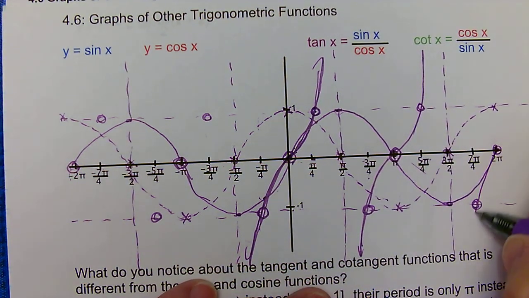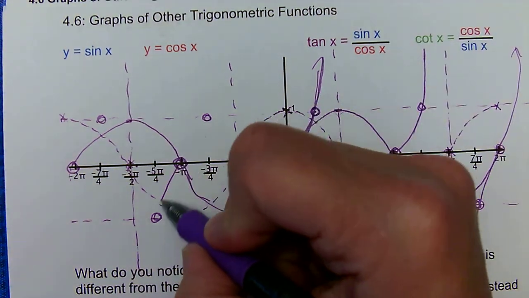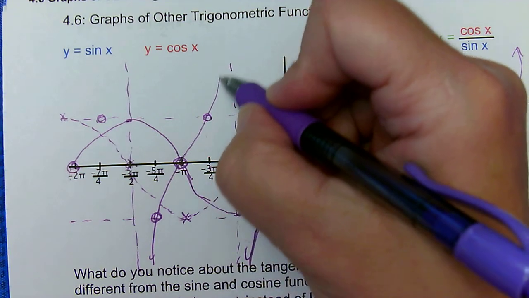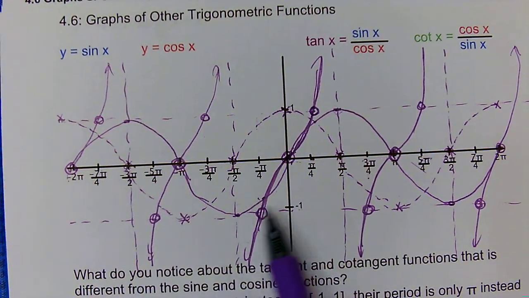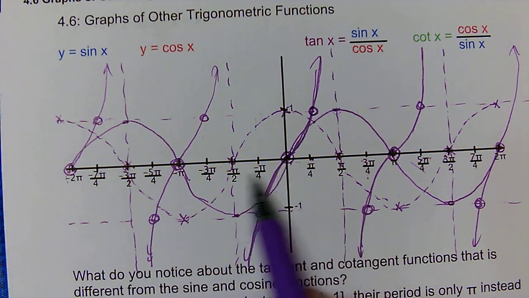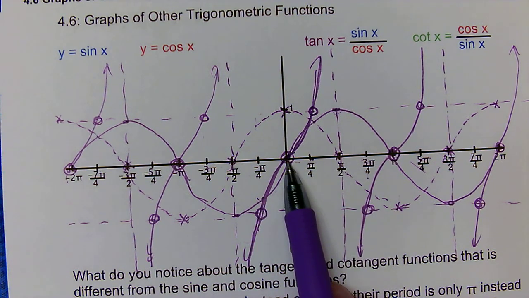And it repeats over and over. But notice the whole pattern repeats more often than the sine and the cosine waves did. You can get one whole period of tangent between negative pi over 2 and positive pi over 2. And it's centered right at the middle point.